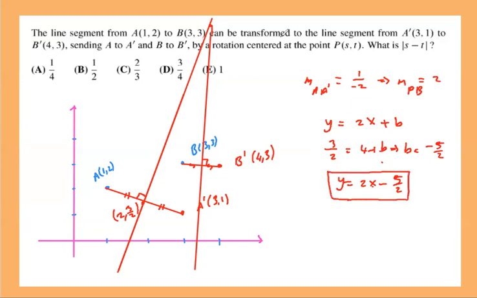The second thing we are going to do is the same as the first one. The slope between B and B prime is the difference of the y's, which is 3 minus 3, which is 0.